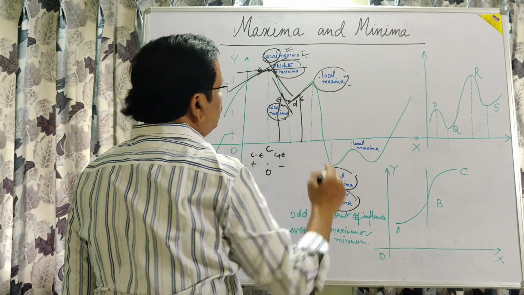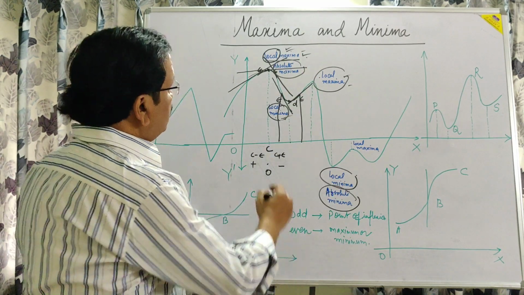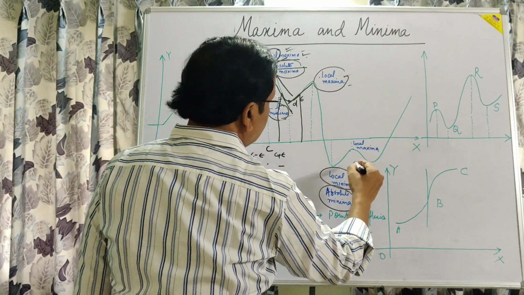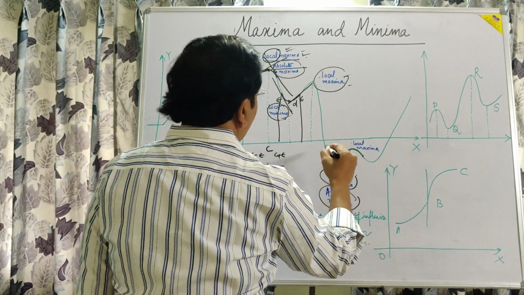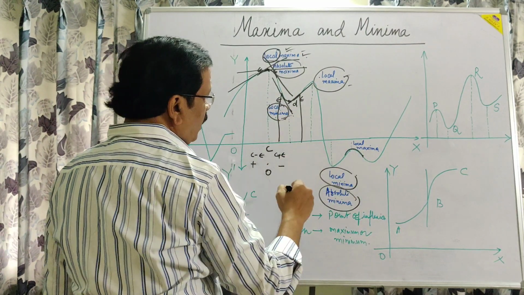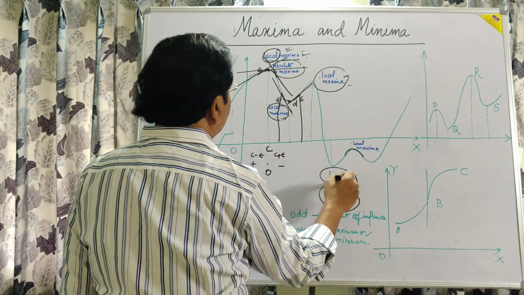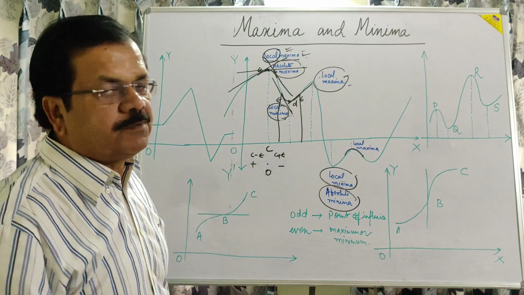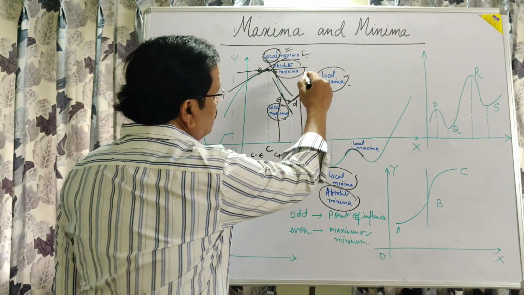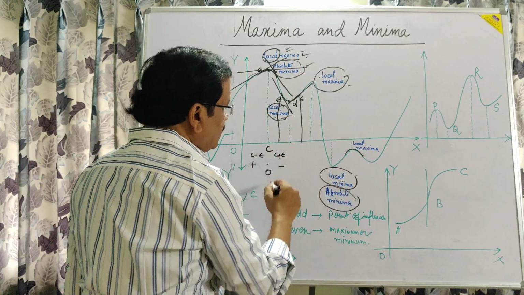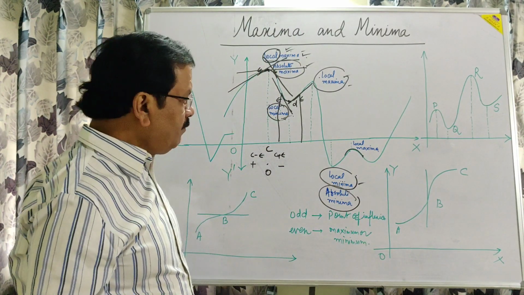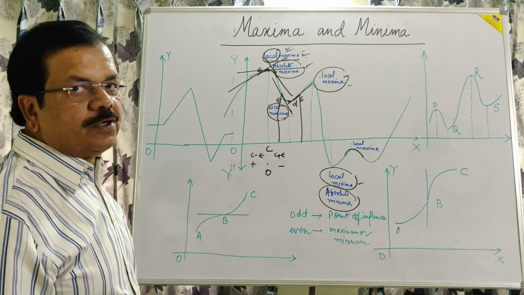Whenever we talk about local maxima, this is the maximum value with respect to its neighborhood, as here or here also you can see. In case of local minima, we are getting 2. Whichever is the maximum value from all these 3 local maxima will be taken as absolute maxima, and whichever is the minimum value from these local minima will be taken as absolute minima.